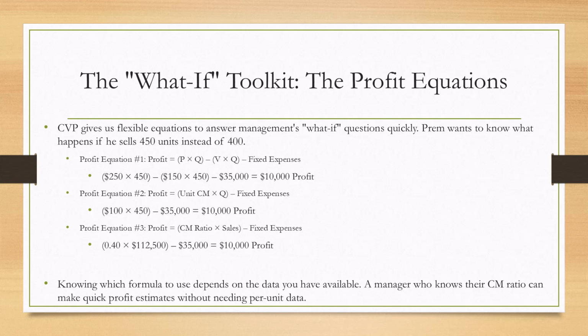Or we could use the simpler version, unit contribution margin times quantity minus fixed expenses. Or, if we only have summary data, we can use the third version, CM ratio times total sales dollars minus fixed expenses. As you can see, all three equations arrive at the same revised profit of $10,000.